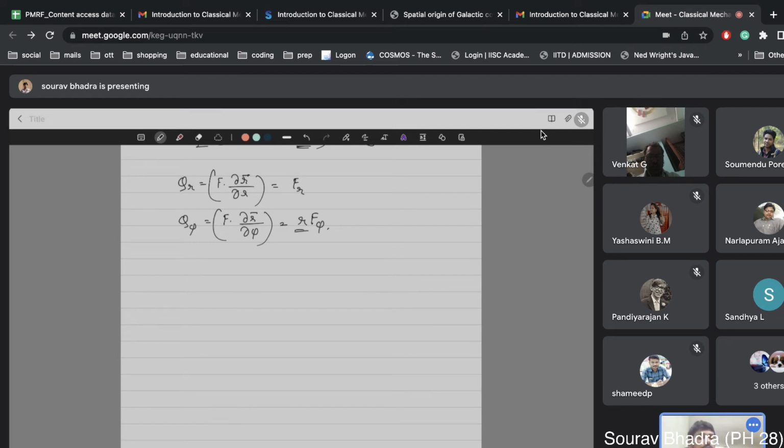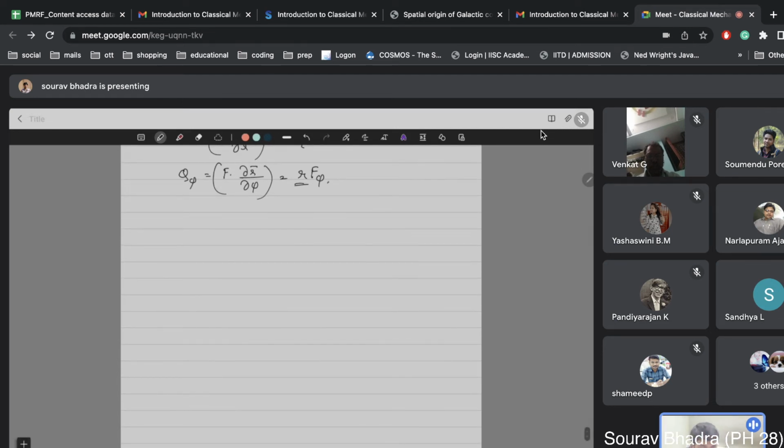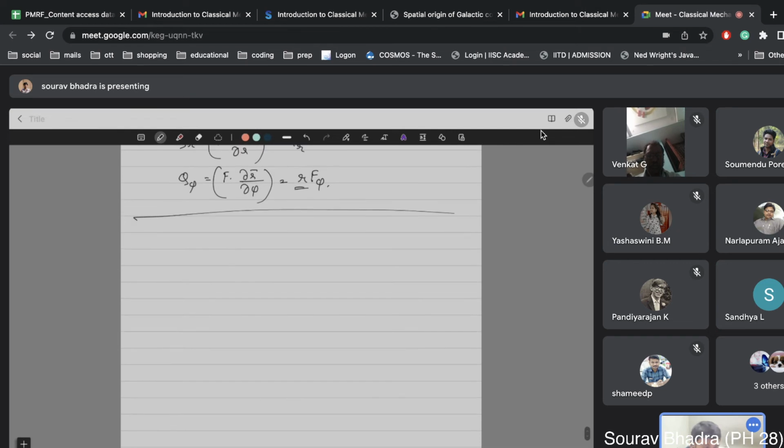Very quickly we will go through some problems with the Lagrangian equation.